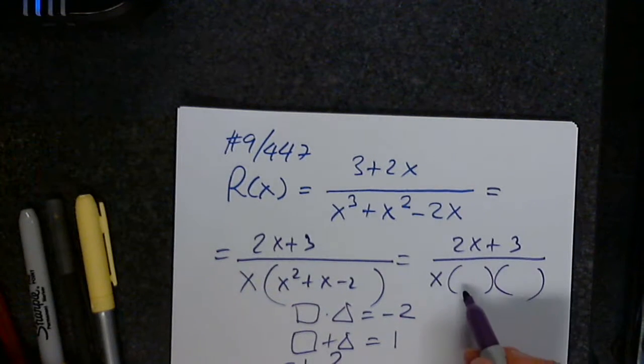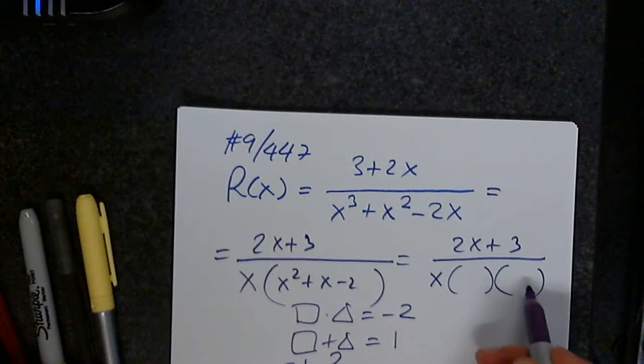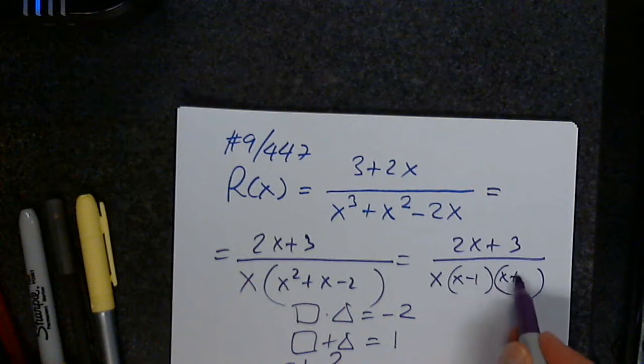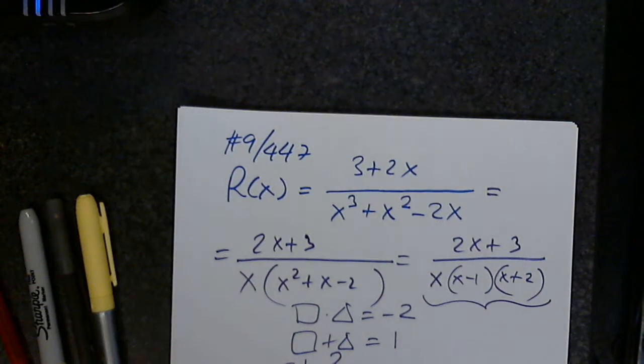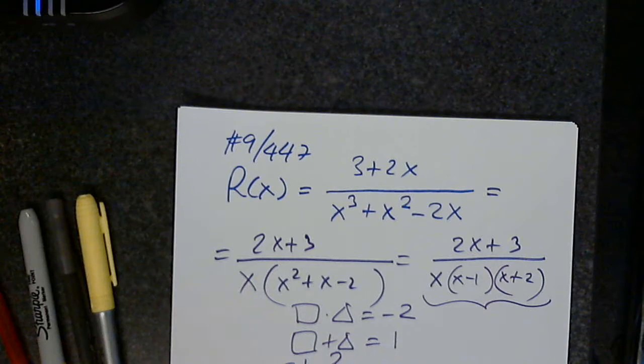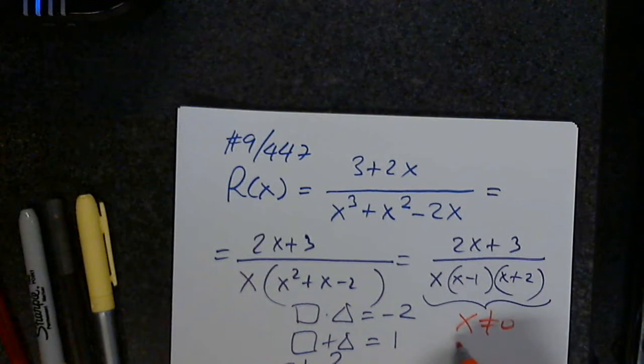Negative 1 and positive 2. So how do I write this? x minus 1, x plus 2. So what are the restrictions? How many factors do I see here? 3. So please give me 3 restrictions for this particular function. x cannot equal 0, 1, and then negative 2.